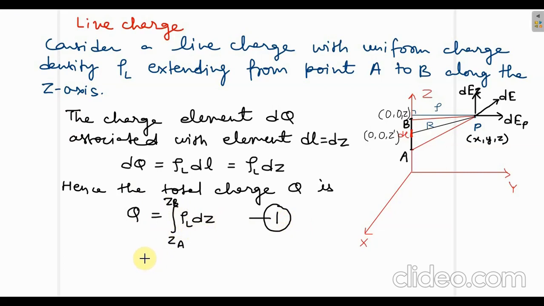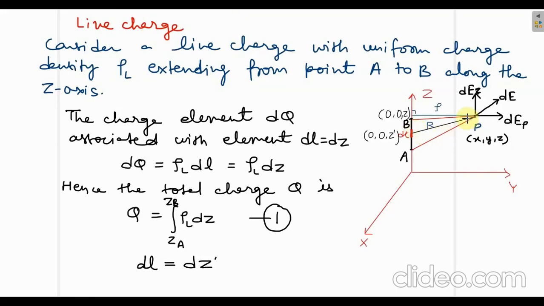Now, since dl equals dz dash, what will be r? If we represent any line segment as a vector, then we must know the coordinates of its extreme endpoints.